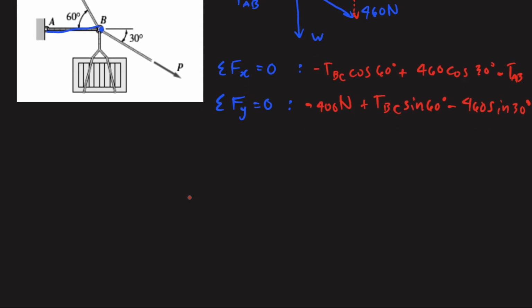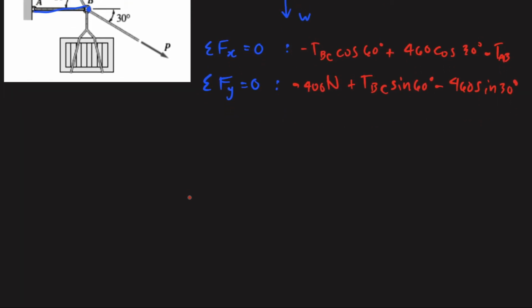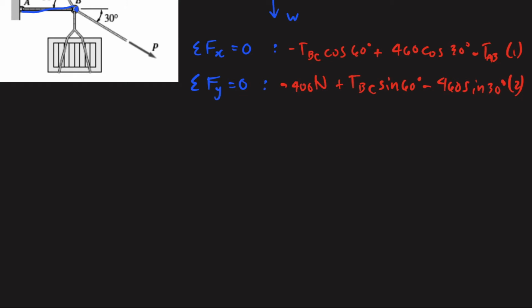Now from these equations, let's say we will use equation 2. So this is equation 1, this is equation 2. From equation 2, we can derive TBC. We can get TBC here since it's the only unknown here.